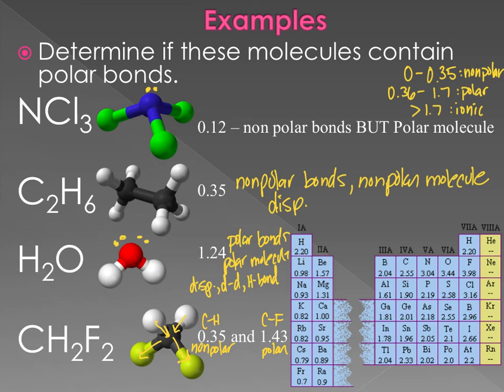So we also have a polar molecule, and we are going to have dispersion forces, dipole-dipole attractions, and then if this is a hydrogen, it can face a fluorine in a neighboring molecule, so we can also have hydrogen bonding going on.